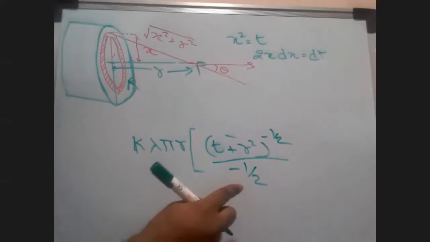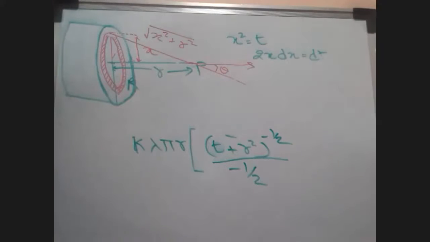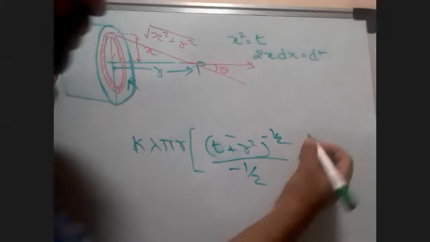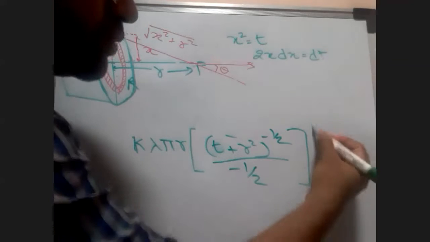This minus 1 by 2 will go up. The limits are 0 to r.